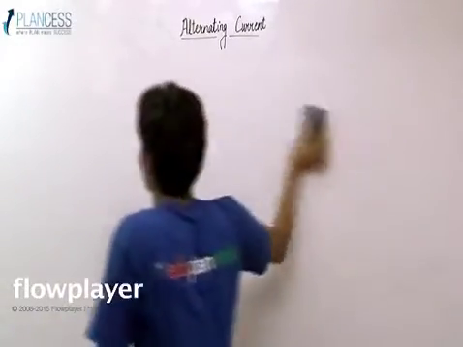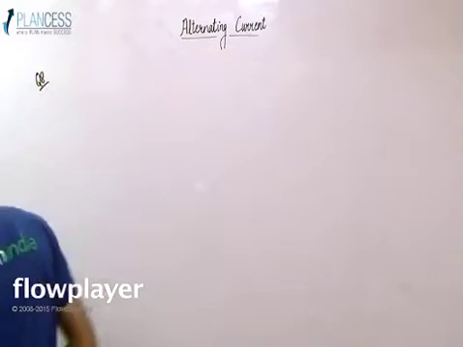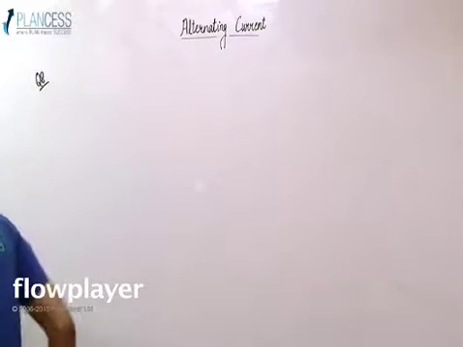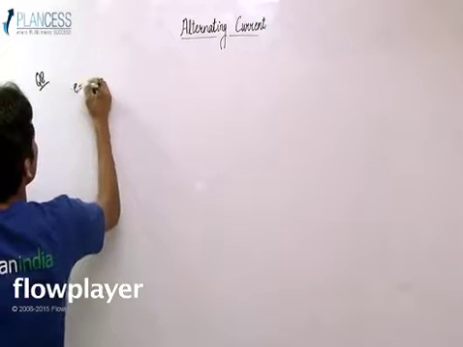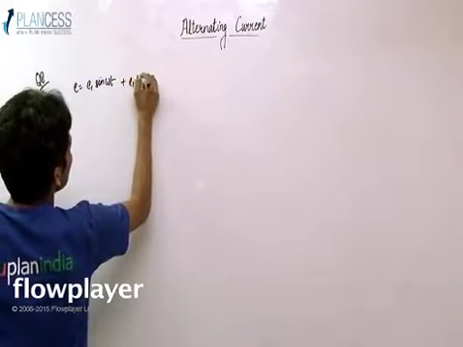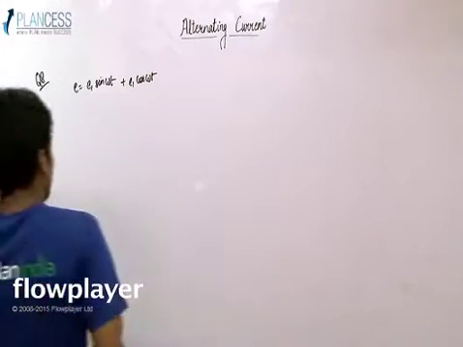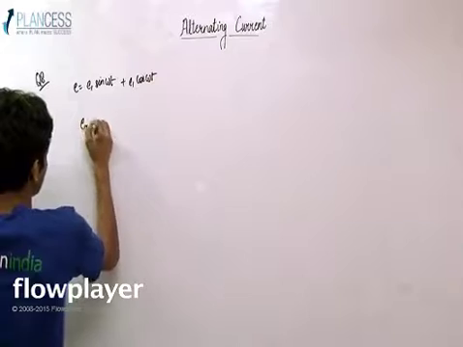Now let's move on to question number 8. Question number 8 is, you have E equals E1 sin omega t plus E1 cos omega t. Then you have to calculate the ERMS.